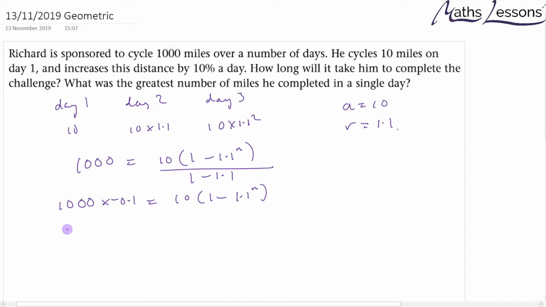Divide that by 10, and we get minus 10 equals 1 minus 1.1 to the n. Now I'm going to add 1.1 to the n to this side and add 10 to the other side. So I get 1.1 to the n is equal to 10 plus 1, which is 11. Then we take logs of both sides.